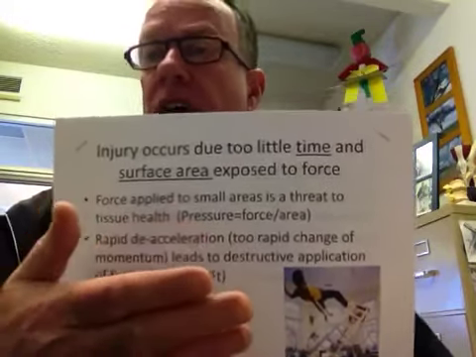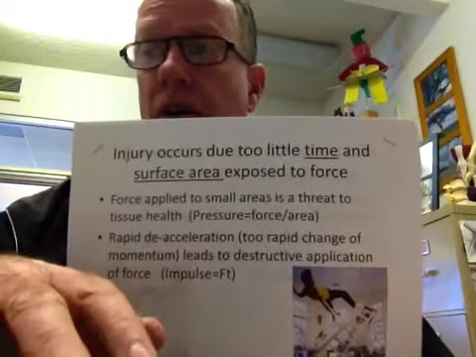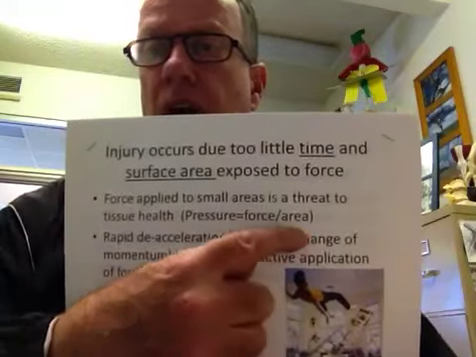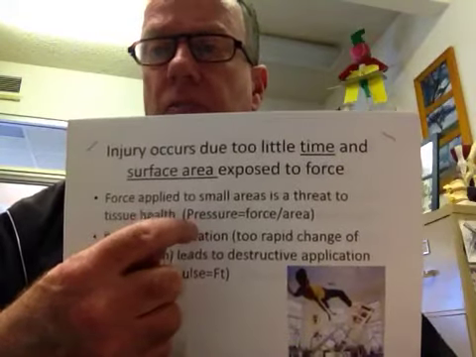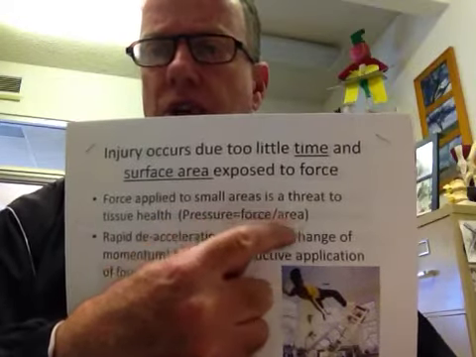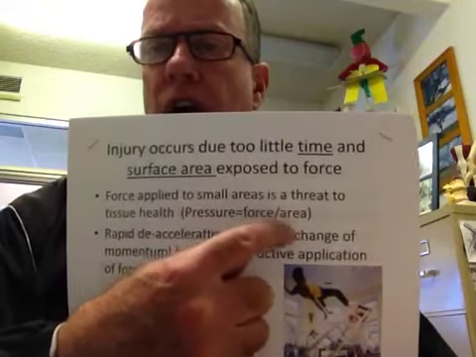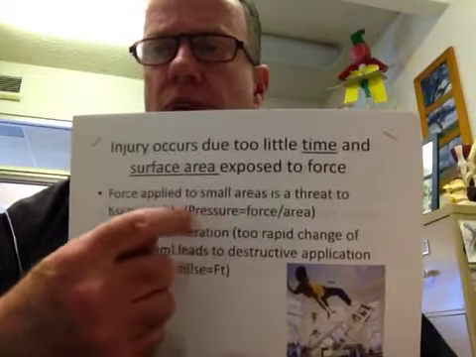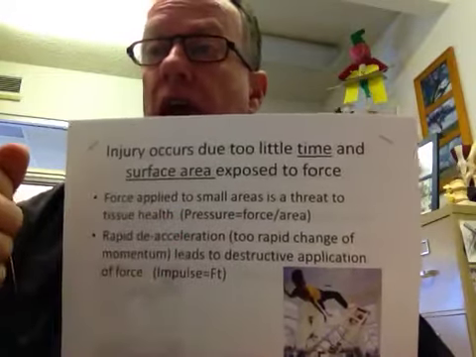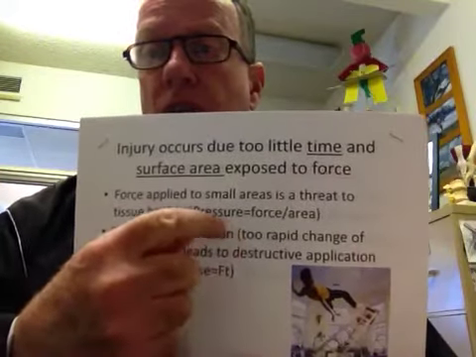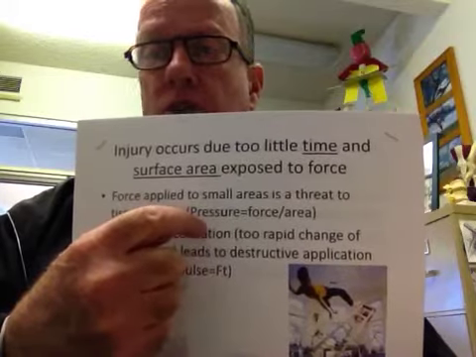And that means that the tissues, I mean cellular to tissue level to organ system, are less likely to have significant injury. But if the area is very small, a small denominator, and the force is considerable, then the pressure increases, and blunt trauma or torquing force can result in tissue injury.